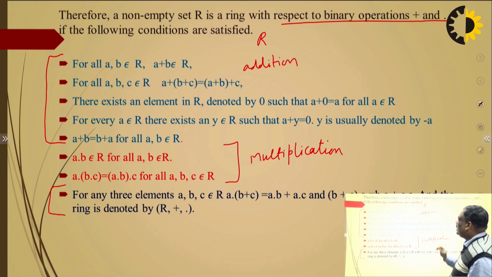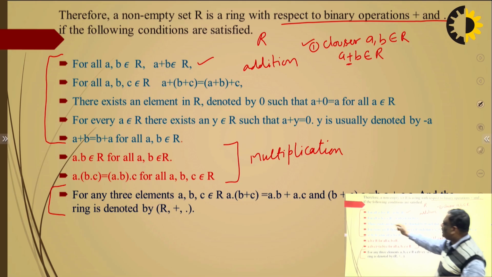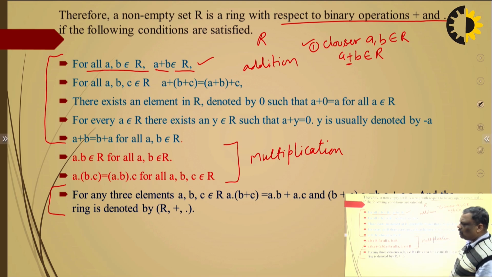See, the first one is the closure property. The closure property says that if A and B are elements of R, then A plus B, remember the binary operation addition here, is also in R. If A and B belong to R, and the operation A plus B also belongs to R, that means the closure property holds.